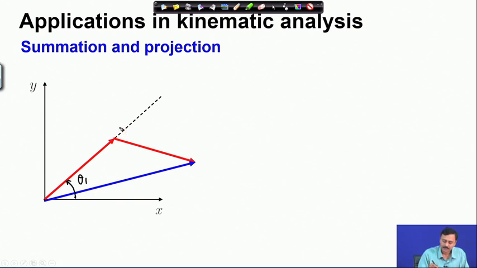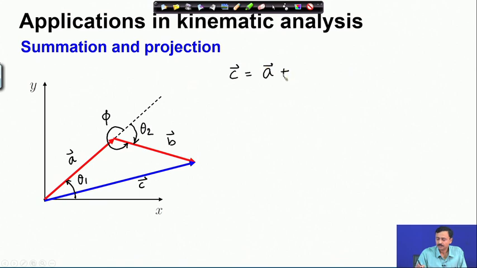Now, this angle should be measured from this line, let us say phi, or you can also alternatively use theta 2 in the clockwise sense. In that case, I still have the same vector equation.